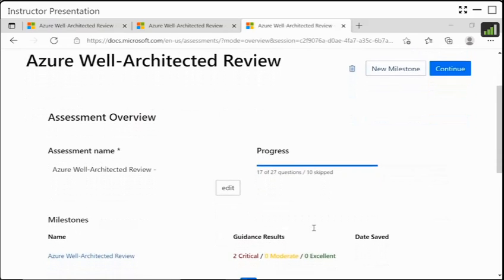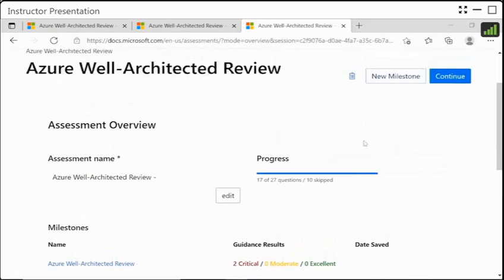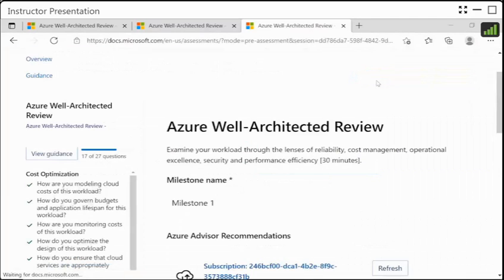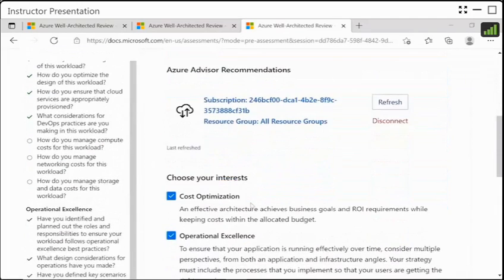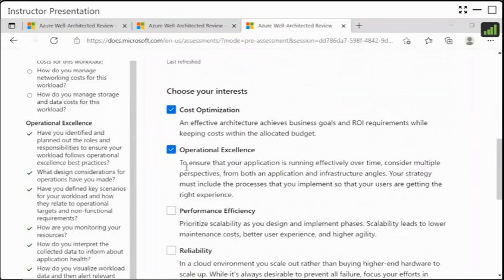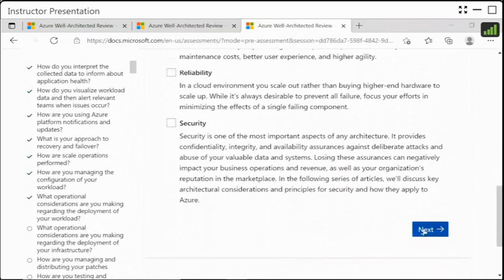And so I can come here, and you can see what we have is the one that was named Well Architected Review. And I can come in and I can say, I want to do a new milestone. And I can give it a name like Milestone 1, right? Or whatever name that suits your fancy. And I can come down here and I can adjust this, right? I can say, okay, now I want to add the performance efficiency pillar as part of my evaluation or assessment. And I'll click on performance efficiency. And I'll click next.